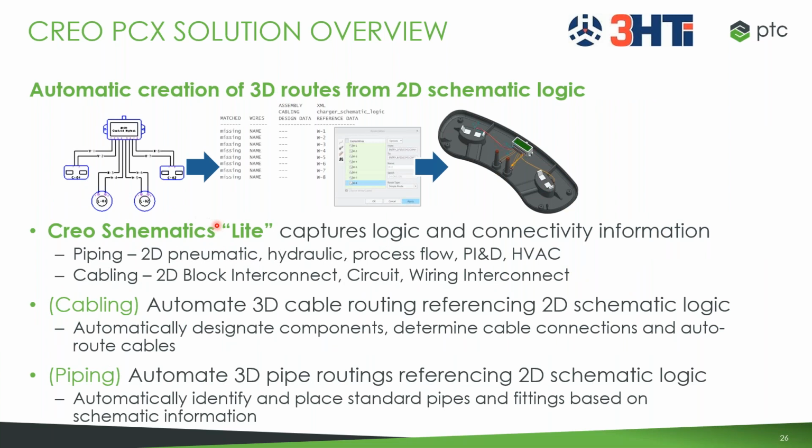And with Creo Schematics Lite, which I'm pretty sure is free, Rob, correct me if I'm wrong, you can create our schematics, which can then feed into the piping and cabling to create actual routings.